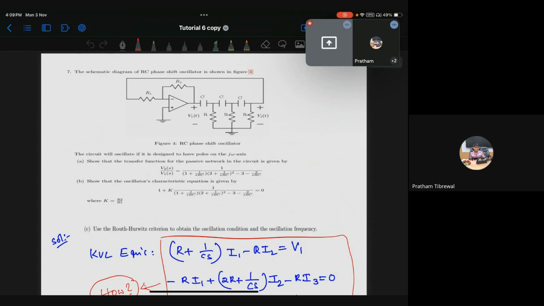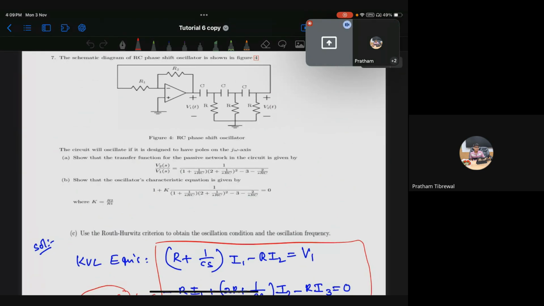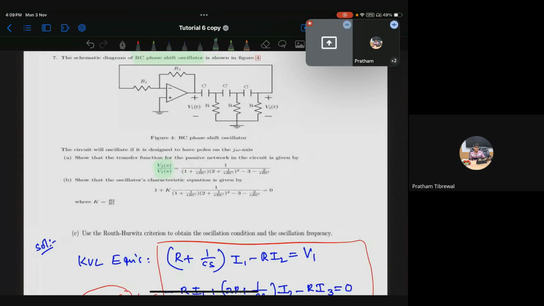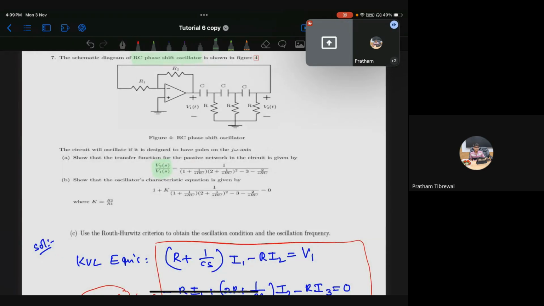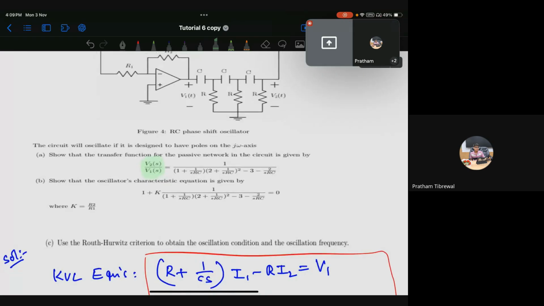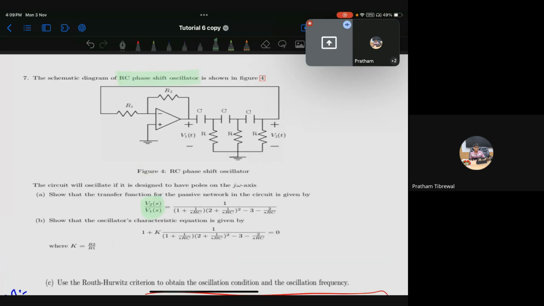So this problem is straightforward for a given circuit, an RC phase shift oscillator. You have to find the transfer function first. Transfer function is V2 by V1, where V2 is the output voltage and V1 is the input voltage.